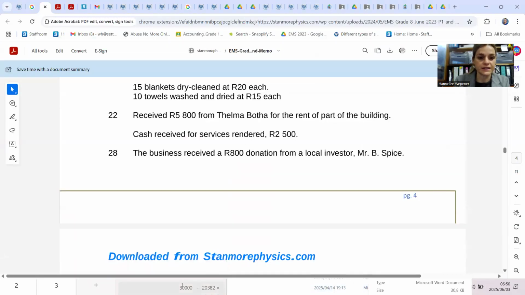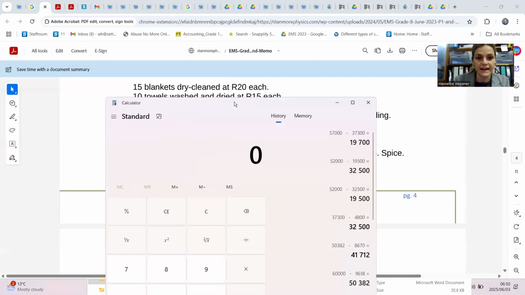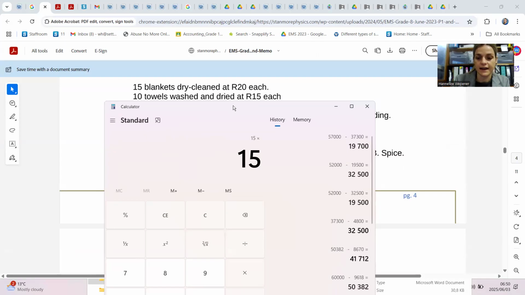We received for this day 15 blankets that we dry cleaned at 20 Rand each. So 300 Rand for that. Plus, it's one EFT for 2 separate types of things that we cleaned. We also cleaned 10 towels and dried them at 15 Rand each.